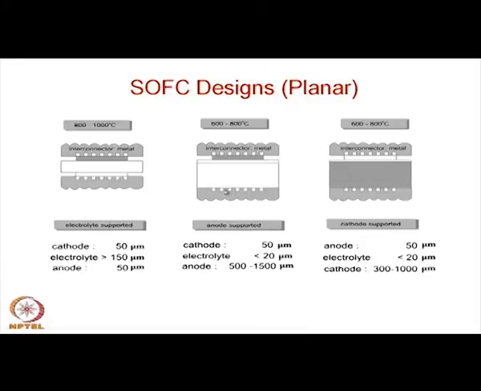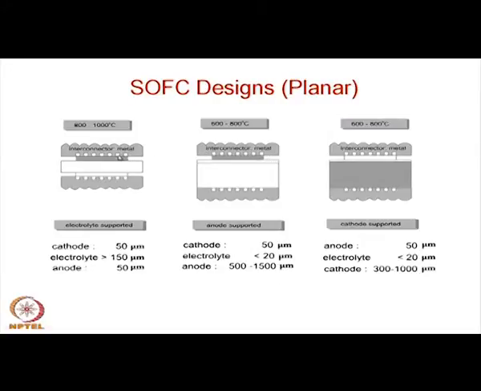These are the channels through which the fuel gas is allowed to pass, whereas on the other side the channels are for the cathode, so oxygen or air is allowed to pass.